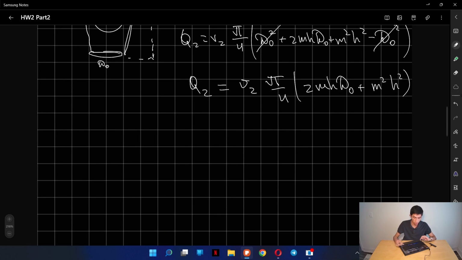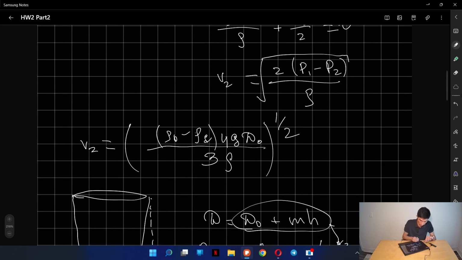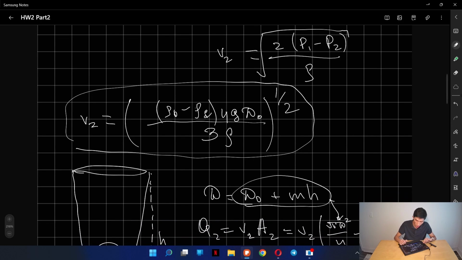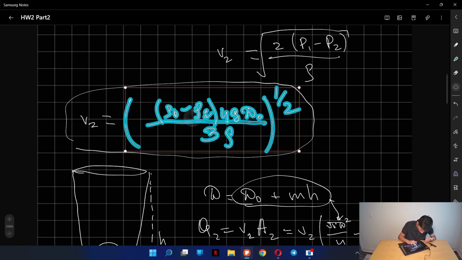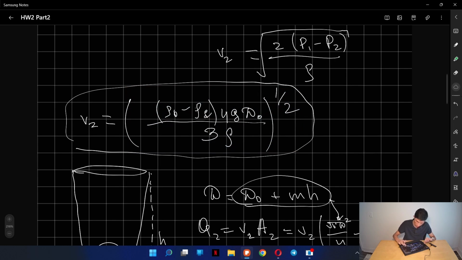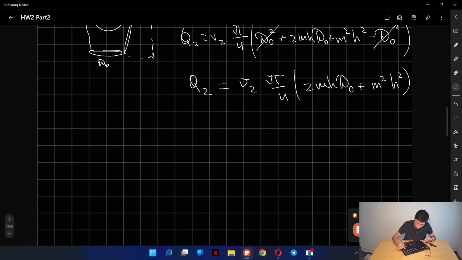So what I can do now is take the equation I already found for the velocity at point 2 and plug it into my new equation.